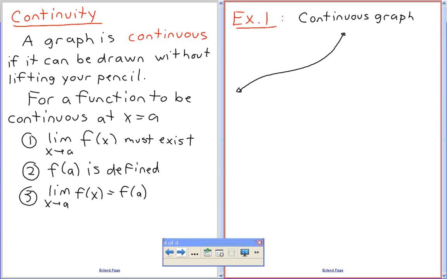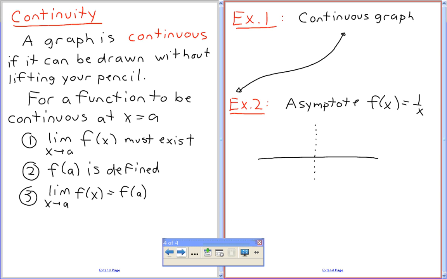Example 2 will be a graph with discontinuity. This is called an asymptote. This is f of x equals 1 over x. If you remember, this is the graph of 1 over x. It looks something like this, a very rough sketch.